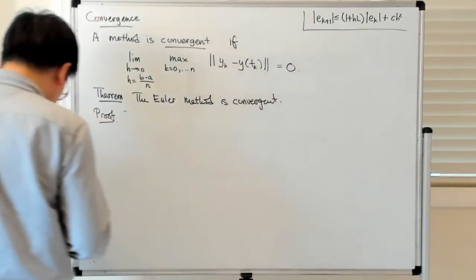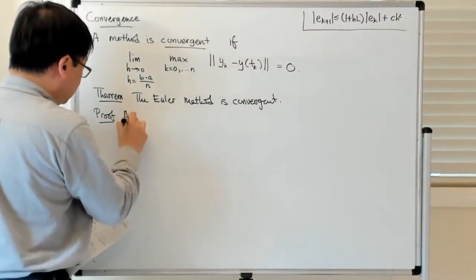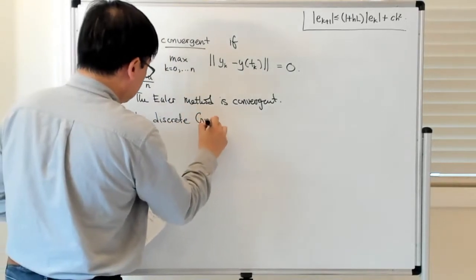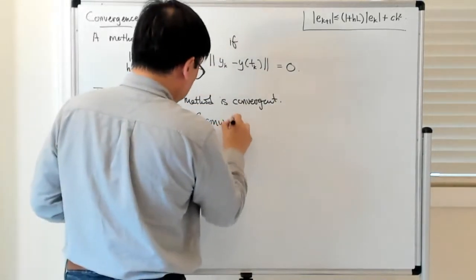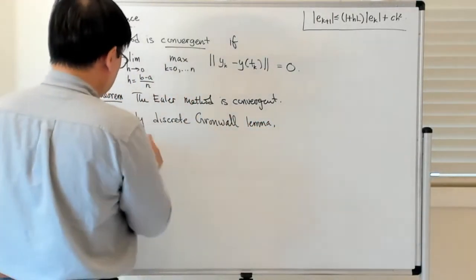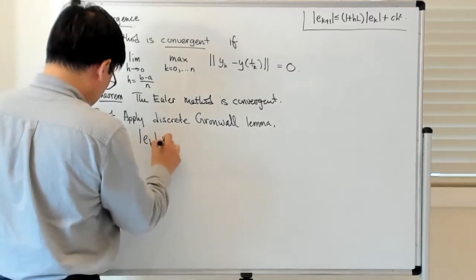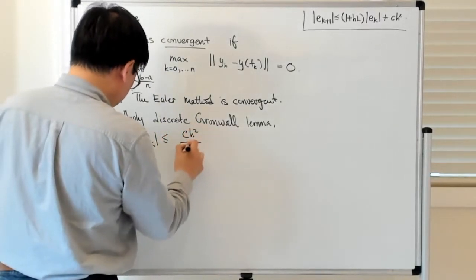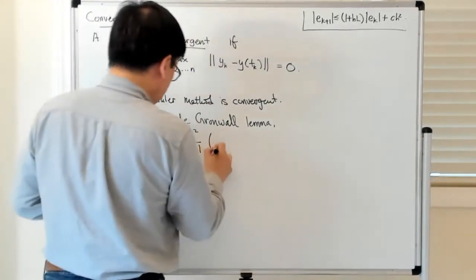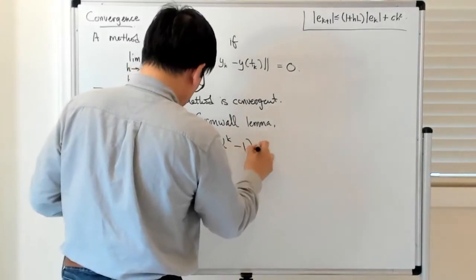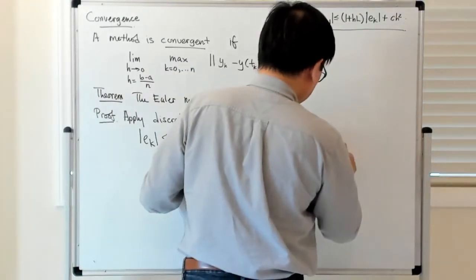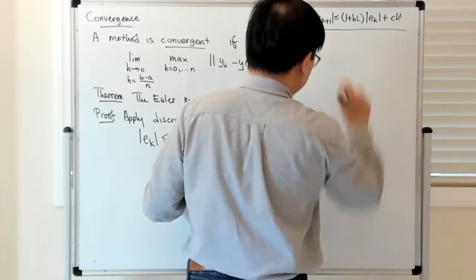Now you apply the discrete Gronwall lemma, which says that the error at the k stage is less than or equal to C h squared over (alpha minus 1), times (alpha to the k minus 1), plus alpha to the k times the error at the 0th step, where alpha is this multiplicative factor.